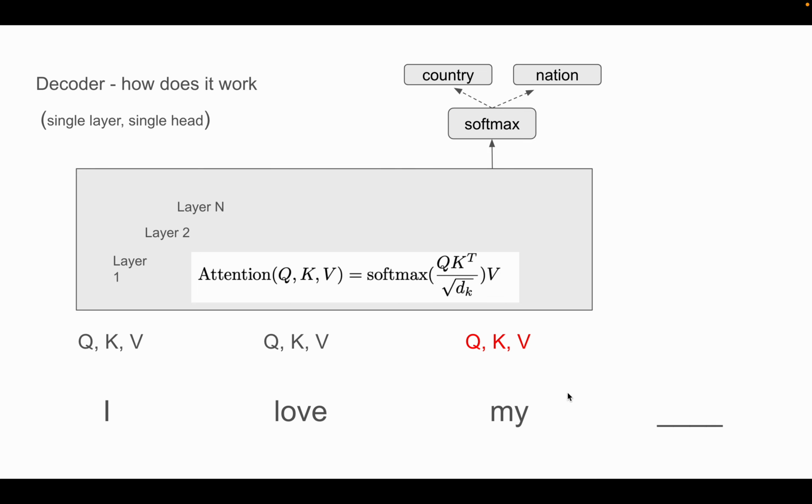Again, a similar process will be followed for "country" as well. That means, what will be the next token immediately after "country"? That's the question. Again, QKV will be generated for the token "country" which was generated in the previous step, and the query of "country" will be taken and multiplied with the key values of the previous words, in this case "I love my", and a similar methodology will be followed.